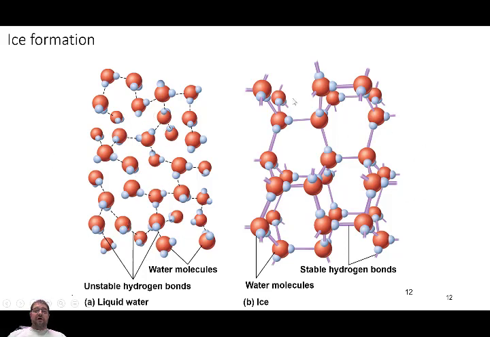But in the case of ice, the water molecule bonds are solid. They form stable hydrogen bonds, but the bond length is larger than it is in the case of liquid water. So you have these open spaces. So the density here is less than the density here. That makes ice able to float on liquid water.